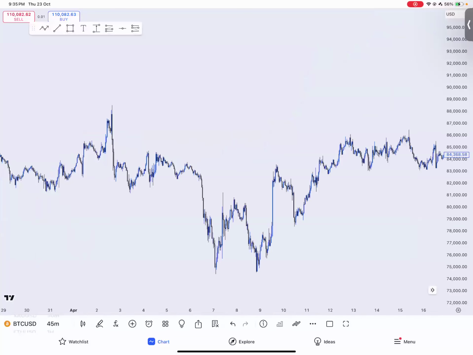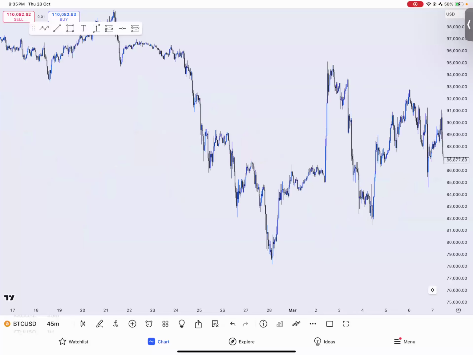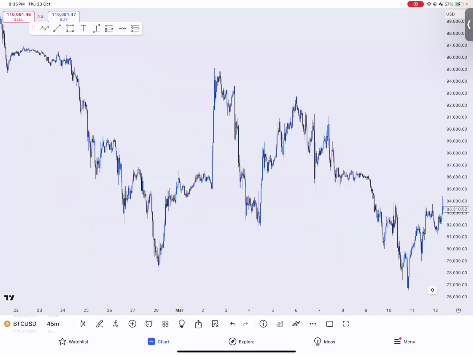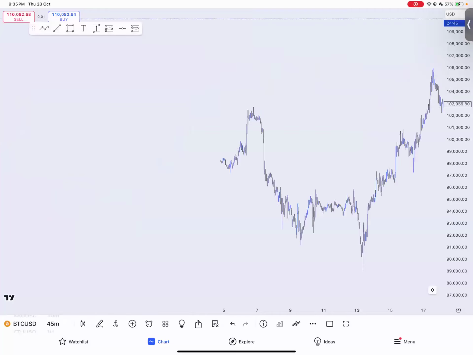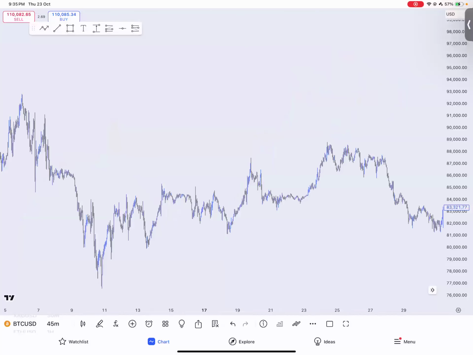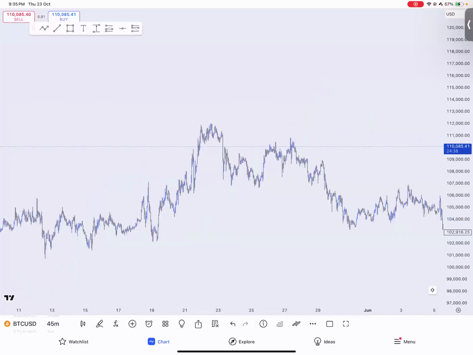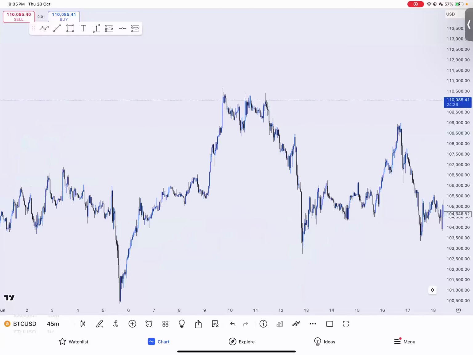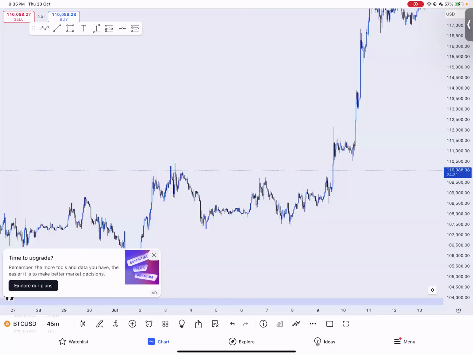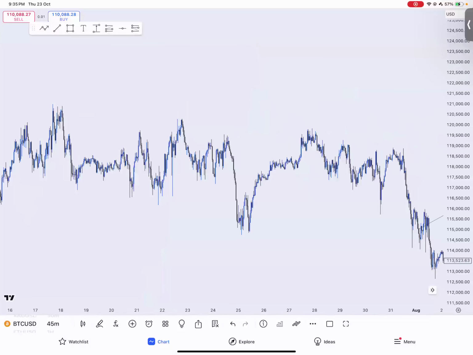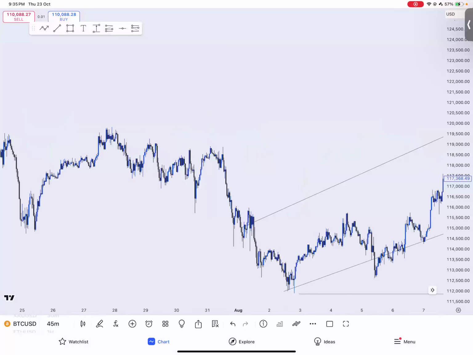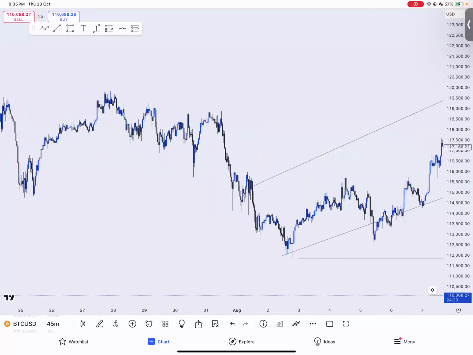So I want to see, there were trades that we took last week I want to use as an example. So let me see. I want to see a trade.